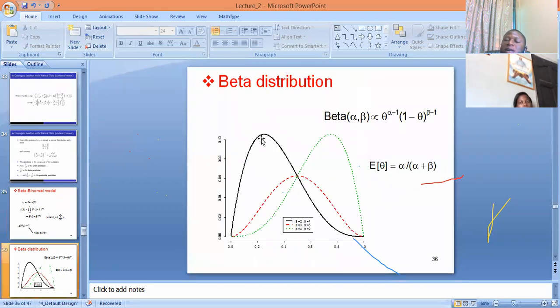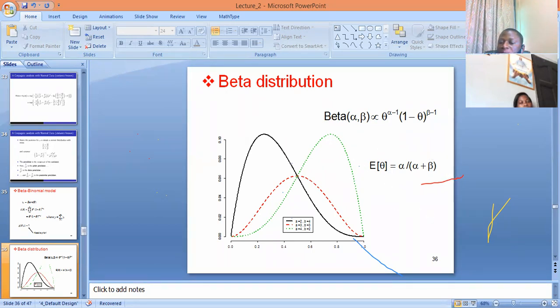To do that, let's look at the beta distribution first. These things you have done under estimation, right? Yes, sir. So you know that the beta distribution is given by this, and the mean of the beta distribution is alpha over alpha plus beta. Under estimation, you should know how to get this.